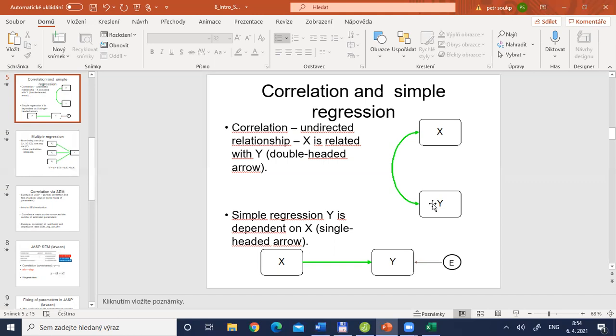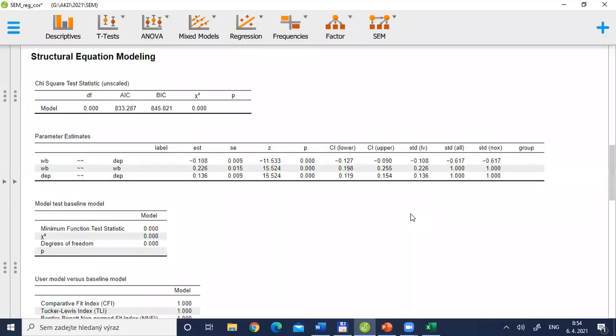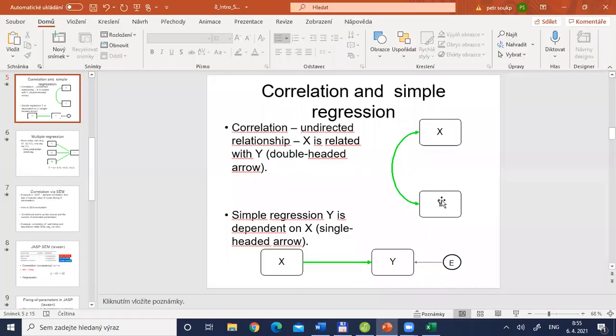In another way, I would like to say that the difference between input, so three pieces of information, and output, once again three pieces of information, is called degrees of freedom. So here I could go into this table, which is called chi-square statistics, or the same can also be found in the third table, which is called model test baseline model. And here you can see degrees of freedom, which is once again the difference between the number of pieces of information I have and the number of pieces of information I would like to get. And this difference here is 0.